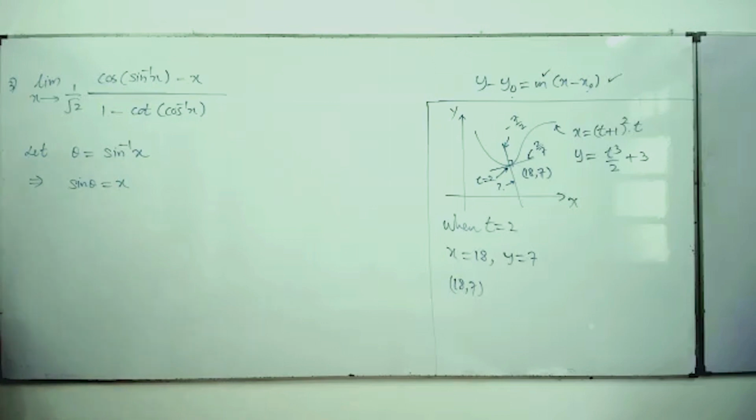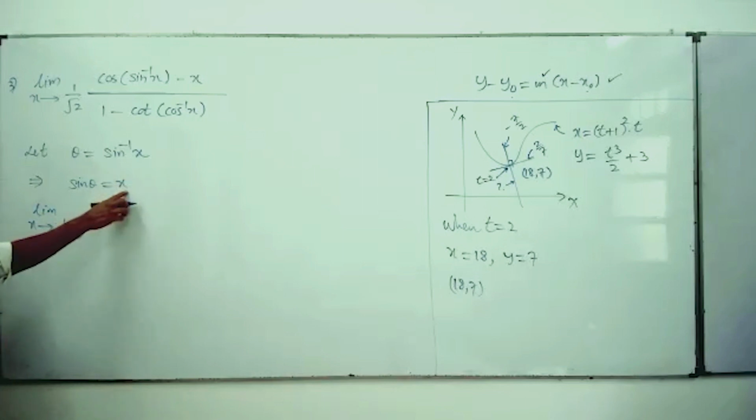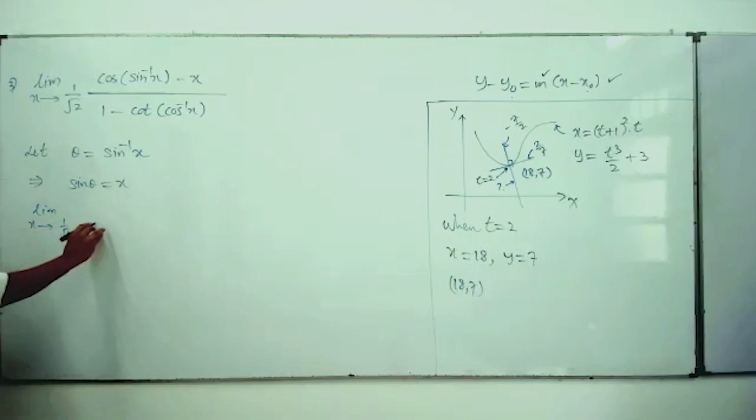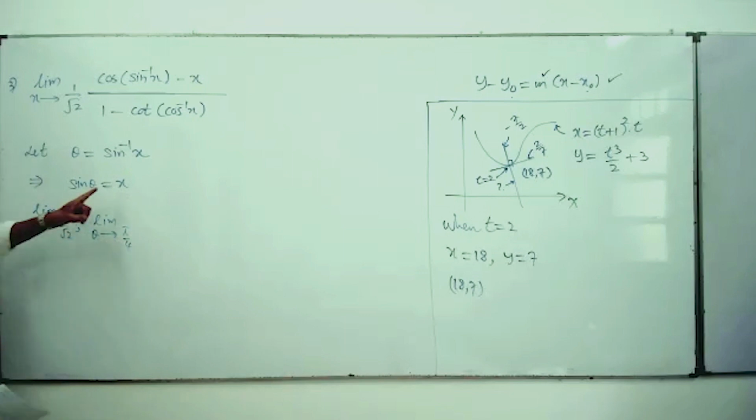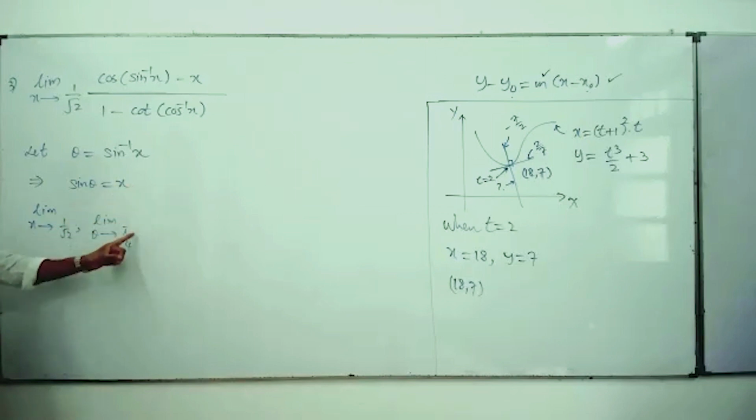Now, here the limit x going to 1 over root 2. That means this x is 1 over root 2. Sine theta equals 1 over root 2 means what is theta? Theta is pi by 4.